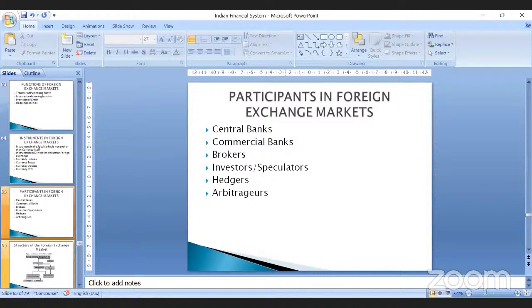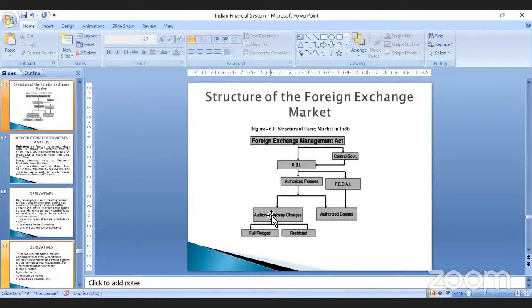Now, whenever we are talking about foreign exchange markets, the first question that comes up is how this market is structured, or who regulates this market. Because it has something to do with foreign currency and foreign exchange. If you're talking about the Indian foreign exchange market, it operates under the central government.